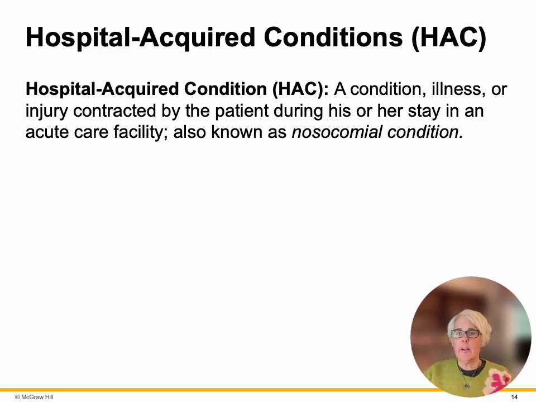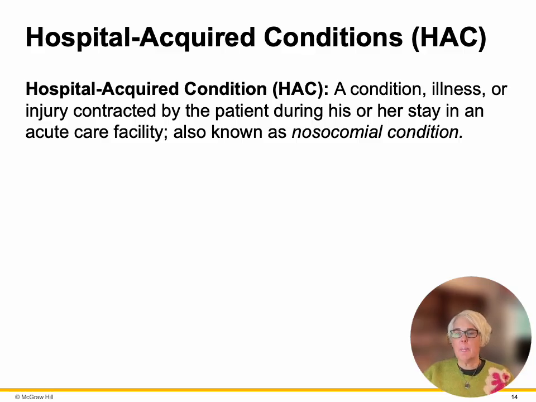A hospital-acquired condition, or a HAC, is any condition that the patient did not have on admission but developed during the hospital stay, often as a complication of care or in the hospital environment. Examples include certain catheter-associated infections, pressure ulcers, or injuries like falls. HACs matter because the payers may reduce or deny additional payment for some of these conditions if they are considered preventable and not present on admission.